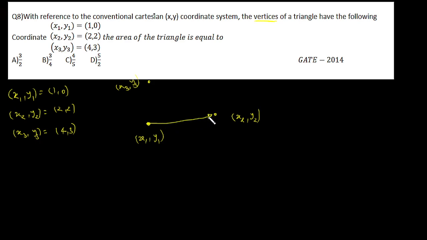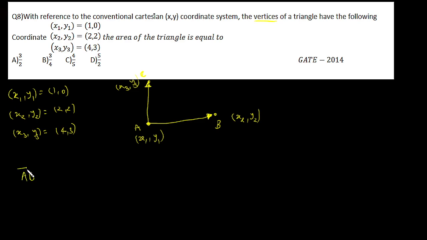This is the vector which connects the x1 y1 vertex with the x2 y2 vertex, and here is the other vector, which connects x1 y1 and x3 y3. Let's call these vertices A, B, and C. Now let's find this AB vector and this AC vector.